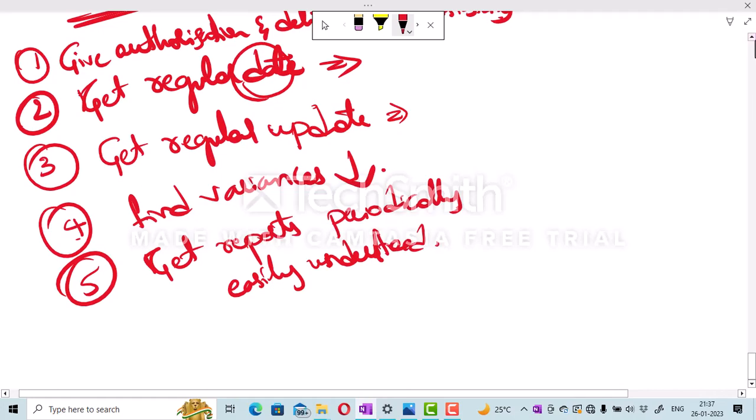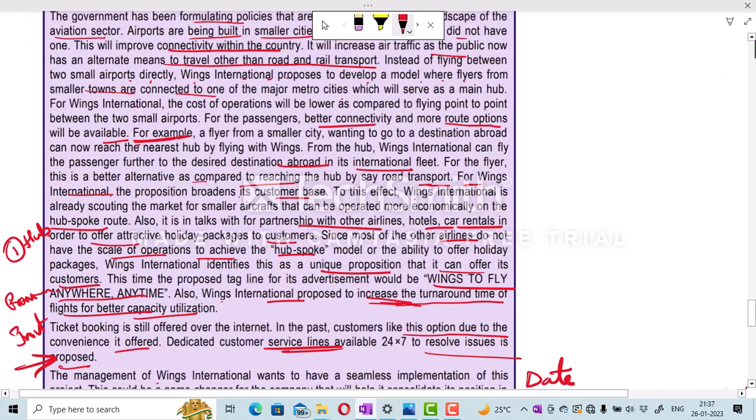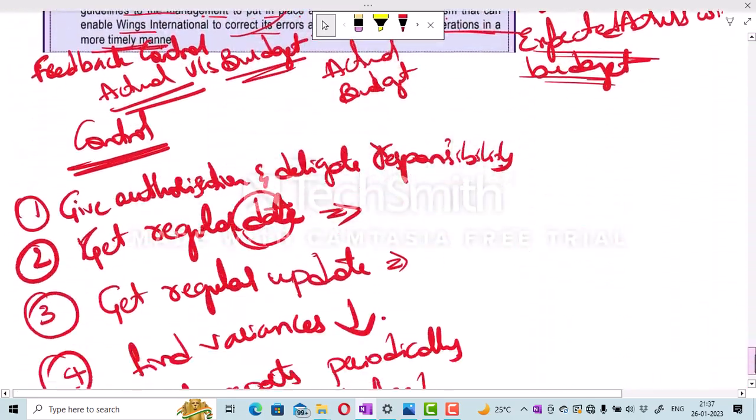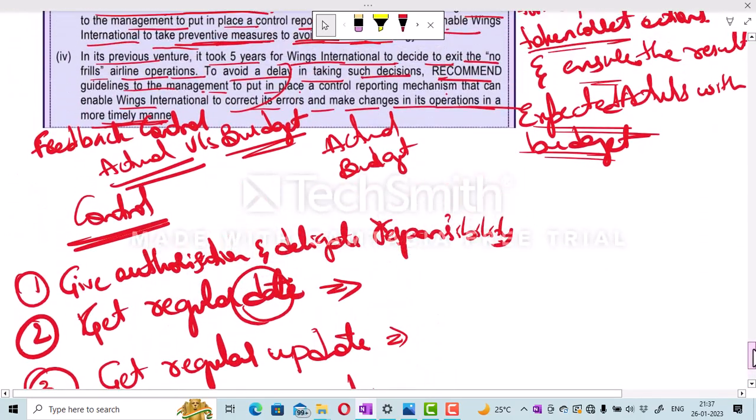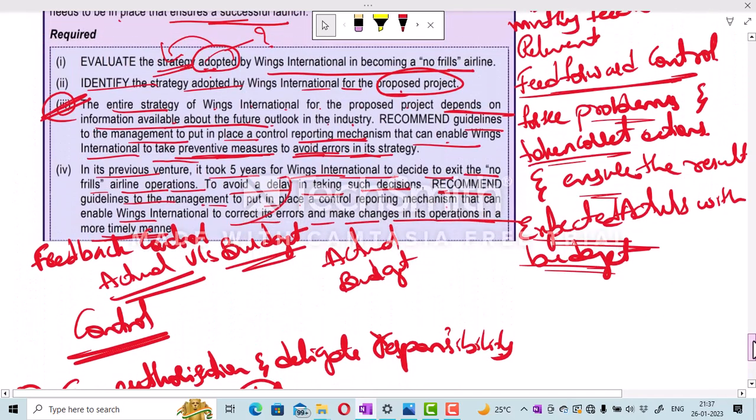By following all these methods, we can get reports properly. With feedback control also, we can change the strategies if required.